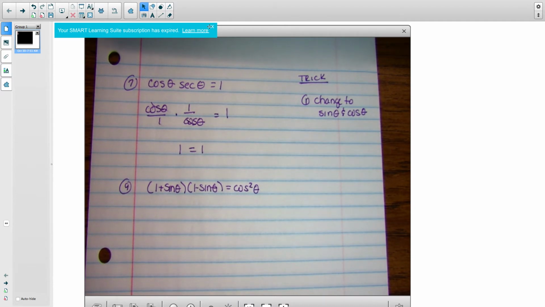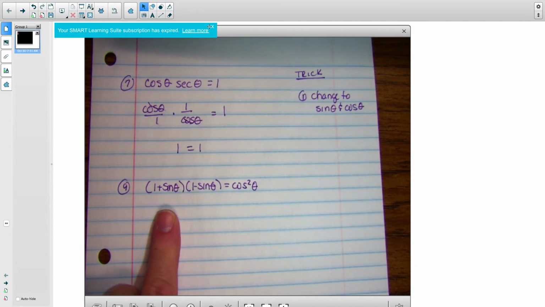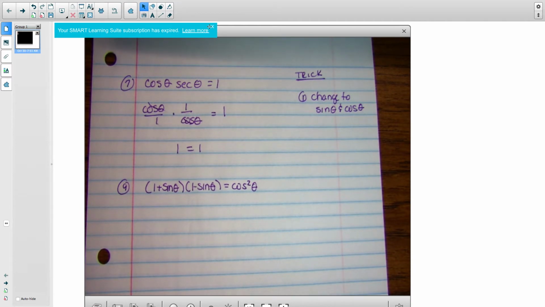I'm going to do number 9 because these types of problems are going to show up a lot in the identities, and it's important you understand it. If you see something and they want you to take one side and make it look like the other, multiply the side out if you can.